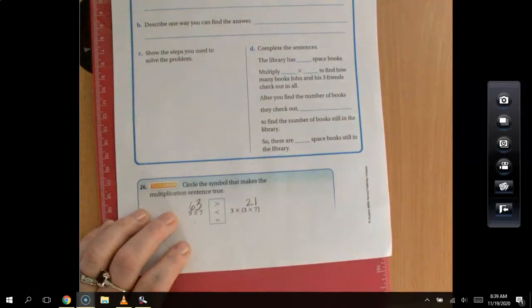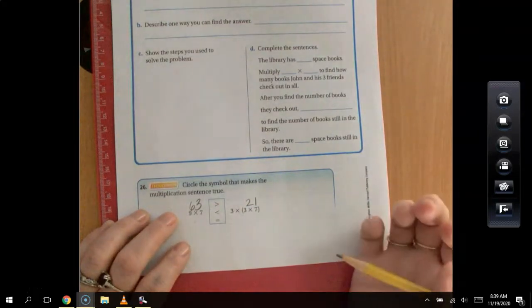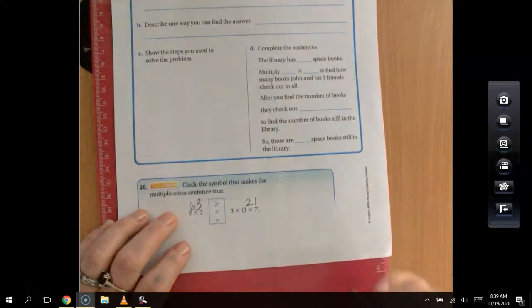Wow, boys and girls. I don't know. Have we ever done that before? We haven't. I'll show you how to do that just because I want to show you. But since we have not done that before, we're going to use the associative property to our advantage. Remember, the associative property says that I can move my parentheses and still get the same product.